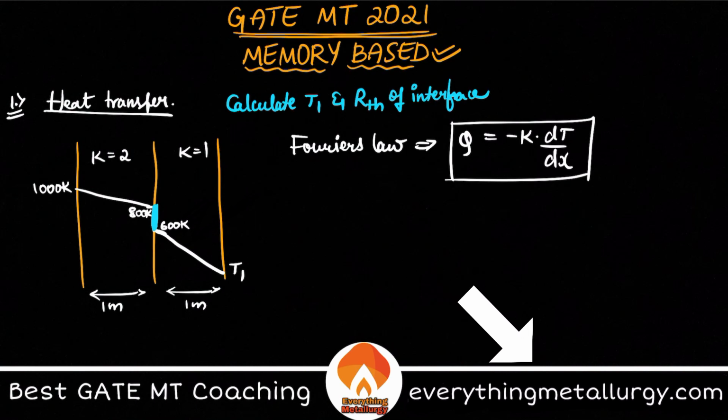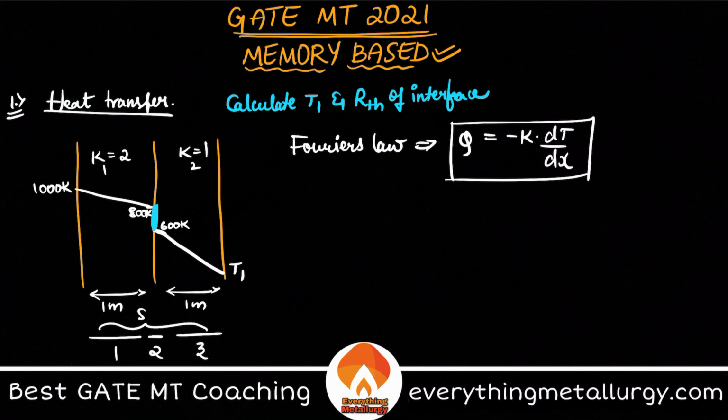If you look carefully, we have 3 different parts: the first one, the interface as the second one, and K2 as the third one. All these 3 are connected in series. Therefore Q12 is equal to Q interface is equal to Q23, so the heat flux is the same.